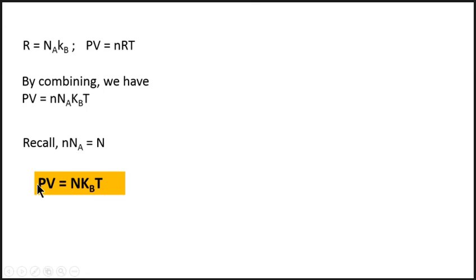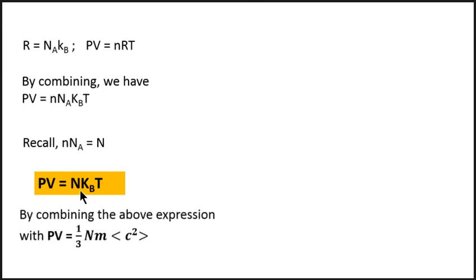So in this case, PV becomes N, the number of molecules, times Boltzmann constant Kb, times thermodynamic temperature T. What I've simply done is to replace Na with N, which gives me this.